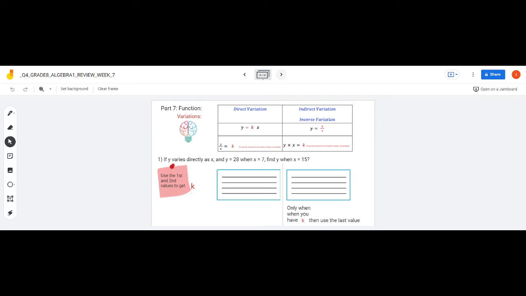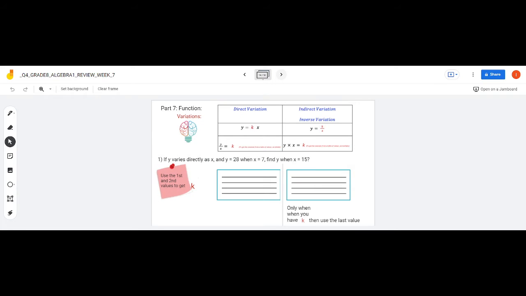Now, if y varies directly as x and y equals 28 when x equals 7, find y when x is equal to 15. Now, what you should know is use the first and second values to get k. Now, what do I mean by that?